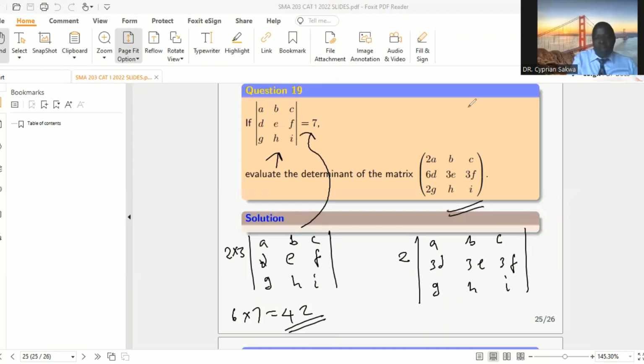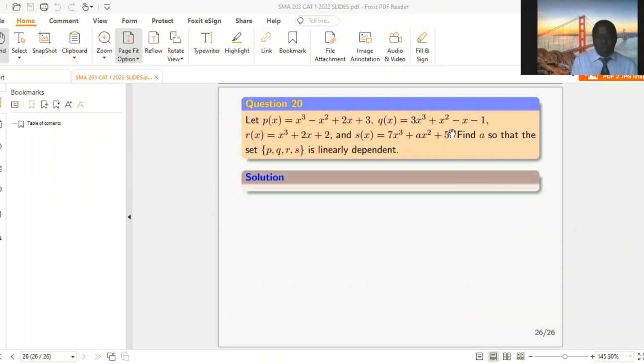Let's move to the last question. Now, let's look at this other question. There are so many ways of doing this question, but I want us to use the knowledge of determinant, because I know that if the determinant is 0, then it means that the polynomials are linearly dependent. So let me just write the coefficients of this polynomial.